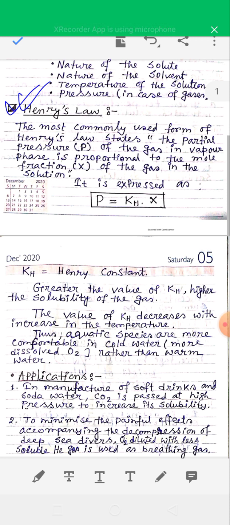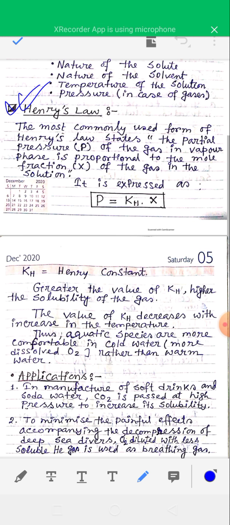That means the solubility of a gas in a particular solvent is directly proportional to the pressure above the gas. And here the amount of gas dissolved in a particular amount of solvent is expressed in terms of mole fraction of the gas.